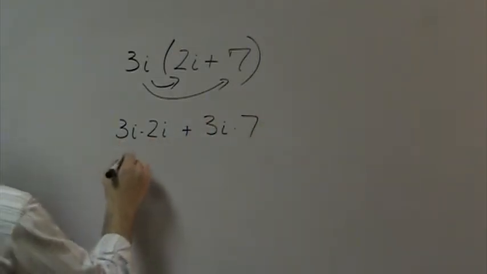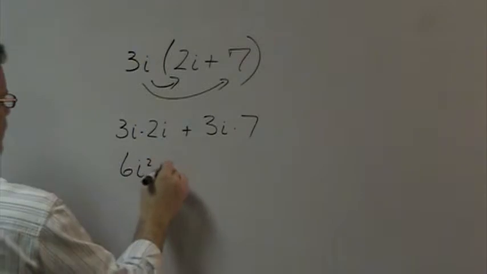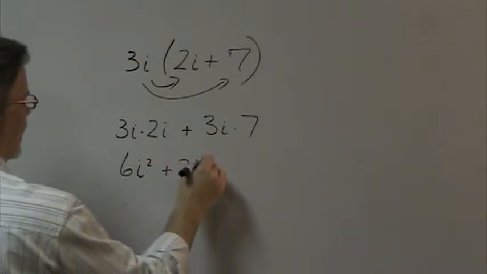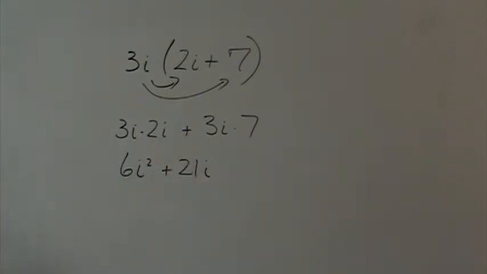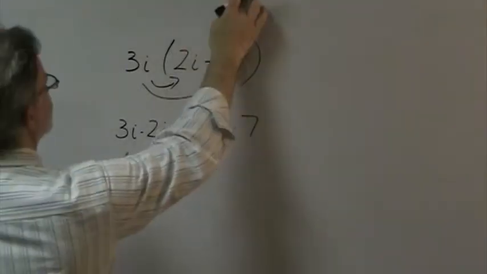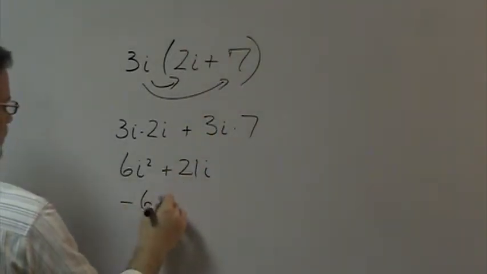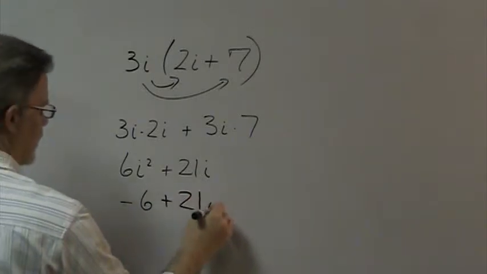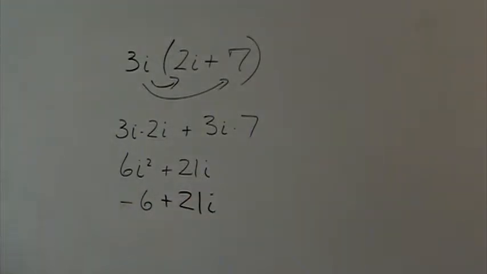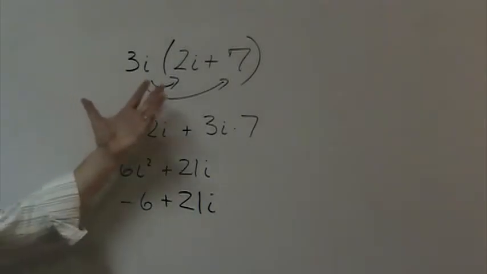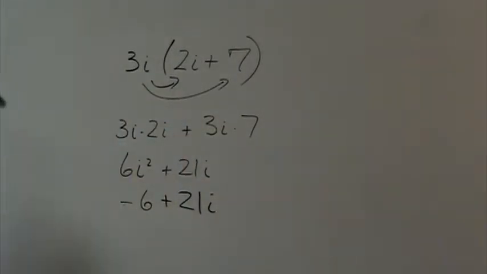So this gives you 6i squared plus 21i. And then we know that i squared is -1, so you get -6 plus 21i. Very simple. So that's a monomial times a binomial.